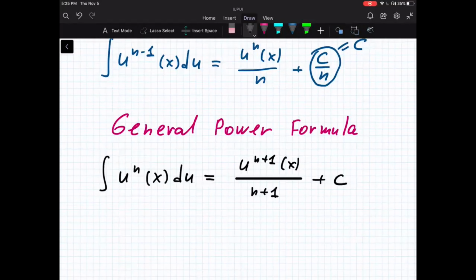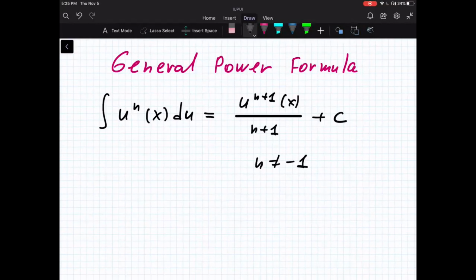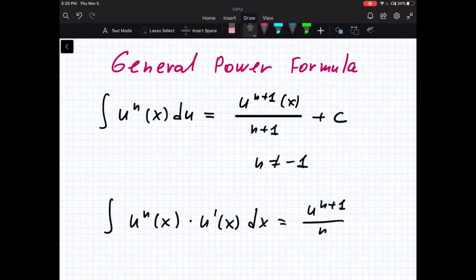It works when n is not minus 1, and it's actually true for any rational n except minus 1. Another form of this formula is that the integral of u^n of x times u prime of x dx is equal to the same right-hand side.